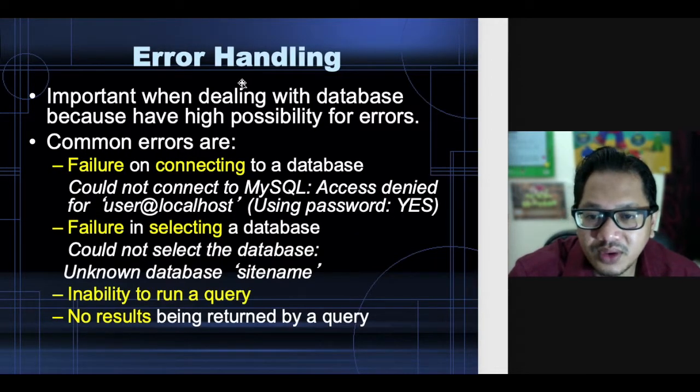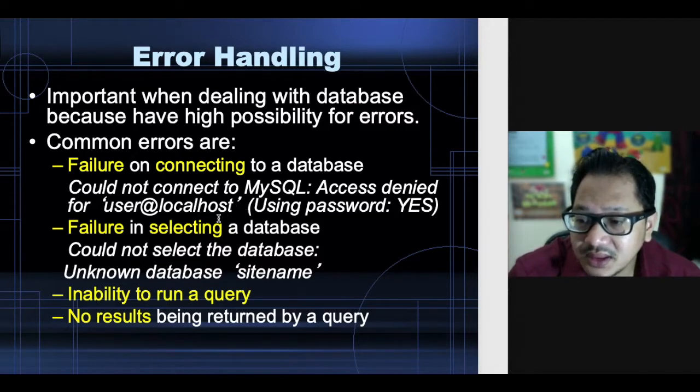Okay, if you have an error and so on, such as it cannot connect with the database, for example, if you have a wrong password, or failure to select a database and so on, you can use error handling. Okay, we have error handling to deal with the possibilities.